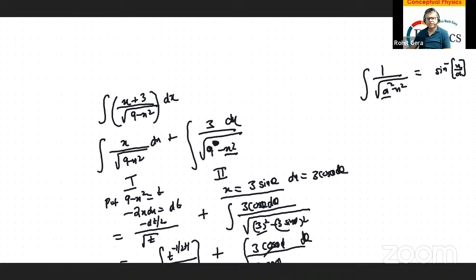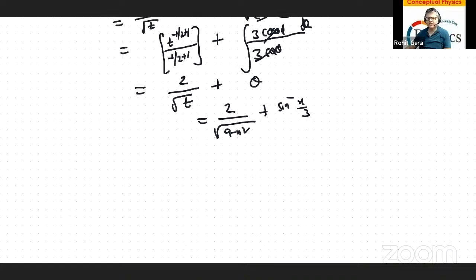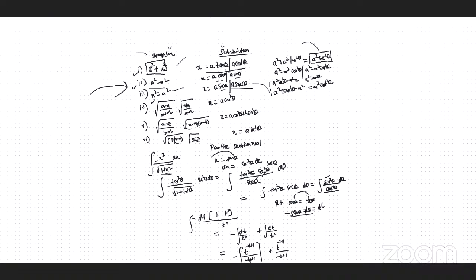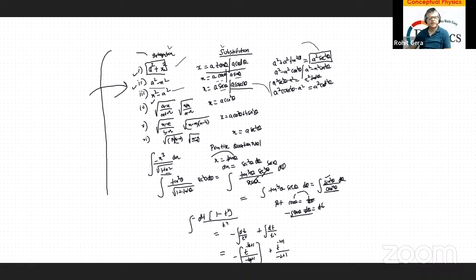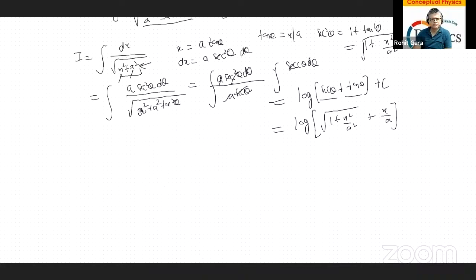Okay, let's try one more. So today we focused, if you notice, on page number 1. We were focusing on these, a square plus x and so on. Okay, let's say we are solving, let me go to page number 3 first.